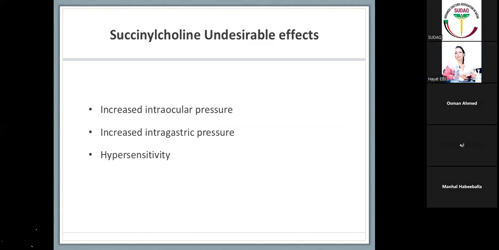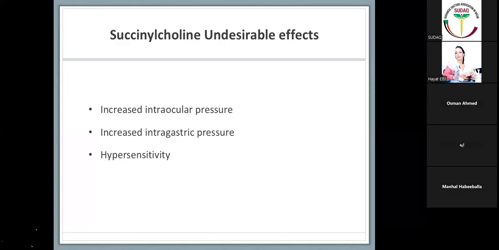Other things that you could encounter with succinylcholine is an increase in intraocular pressure. Succinylcholine 1 mg per kg will cause an increase of around 4 to 8 millimeters of mercury in the intraocular pressure. It also increases the choroidal blood flow, extraocular muscle tone, and aqueous humor outflow resistance.